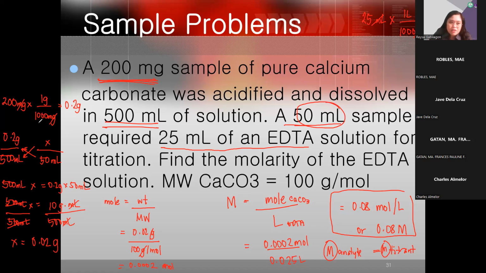So that is the reason why we did cross multiplication first, or ratio and proportion, so that the amount of the sample used during the titration process is accurate. Okay, clarifications?